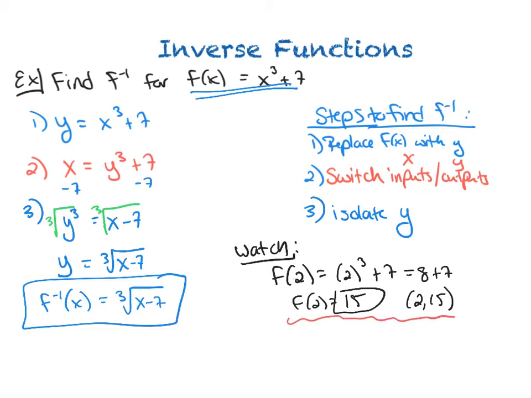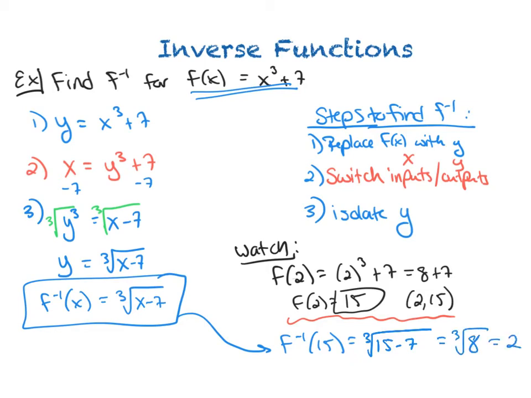Now let's switch gears. Let's take our f inverse, and I want to plug in x equals 15 into f inverse. So I want to plug x equals 15 in here. So that will give us the cube root of 15 minus 7, which is the cube root of 8.